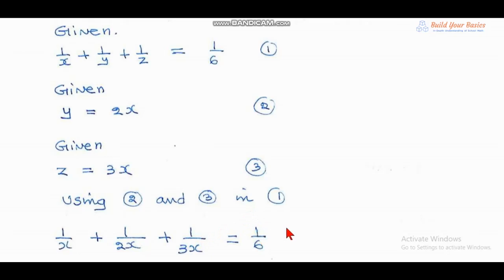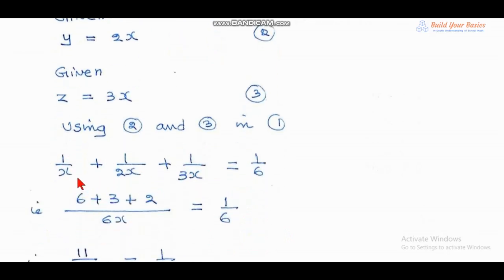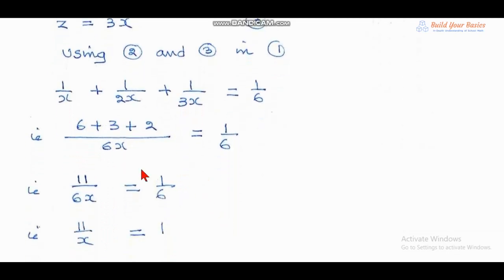So successfully we have got an equation which contains only one variable. Now take LCM. 6x is the LCM, and we get 6 plus 3 plus 2 over 6x equal to 1/6. That is 11/6x equal to 1/6.